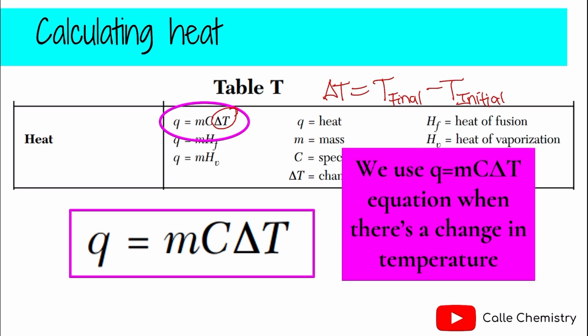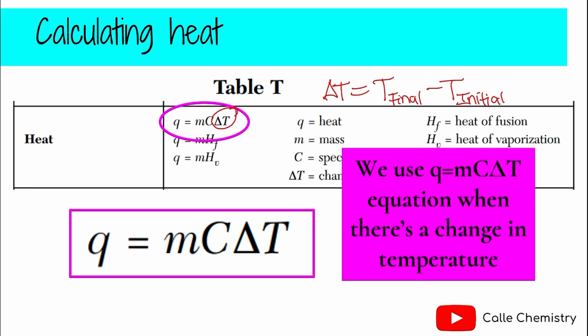So, how do we know when to use this formula? Let's say the problem gives you an initial temperature but doesn't give you a final temperature, or vice versa, and they're asking you to find either the final or the initial temperature. That would be an indication that you're using this formula.